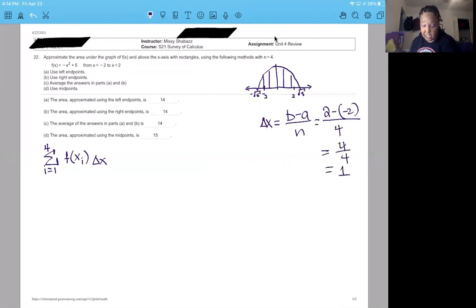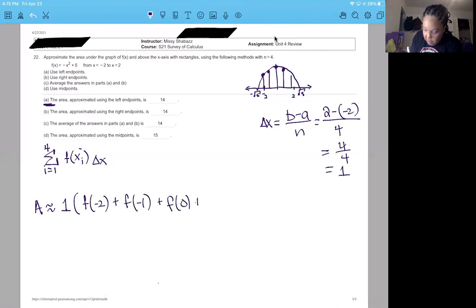All right, so my change in x is 1, and then I'm going to plug in my heights using the left endpoint. So if it's the left endpoint, it's going to be this one, this one, this one, this one. So my area is approximately the change in x, which is 1, times f of -2 plus f of -1 plus f of 0 plus f of 1.